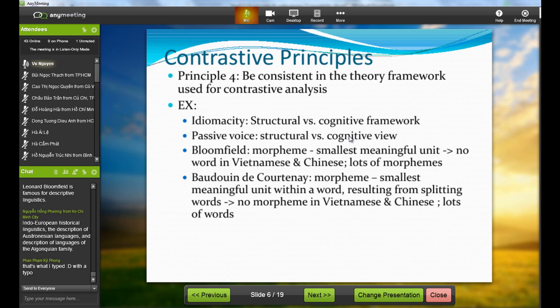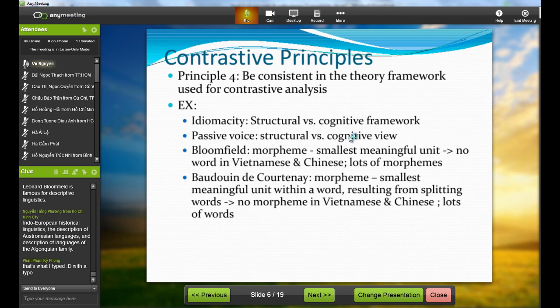For example, when I say ngày mai tôi đi học, so ngày is meaningful, mai is meaningful, tôi is meaningful, đi is meaningful, and these units are no longer splittable into smaller parts, so they are all called morphemes. And we will not be able to find words in Vietnamese and English in isolating languages. Instead, we only find morphemes.